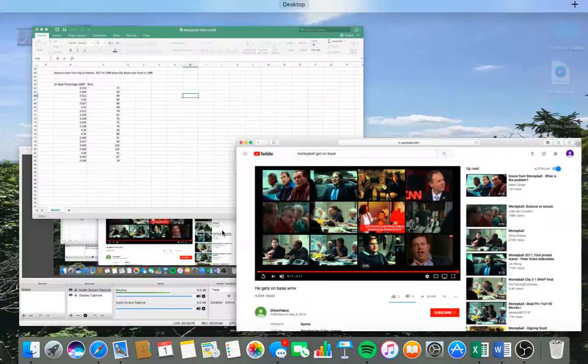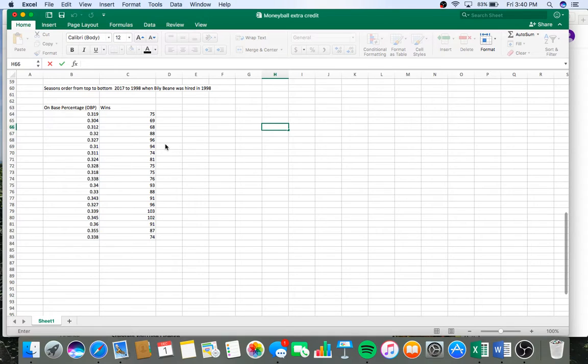So essentially, their mentality is that on base percentage and wins have a positive correlation. So I decided to put that theory to the test. And here I have their wins, this is going to be our y-axis, and the on-base percentage, which is going to be on the x-axis.